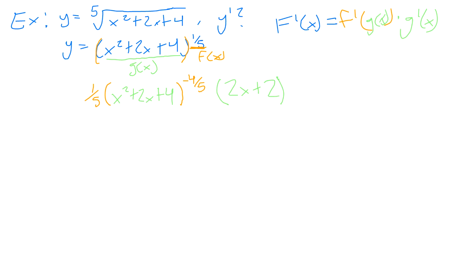Therefore, the final derivative is going to be 1/5 times x squared plus 2x plus 4 to the negative 4/5 times 2x plus 2.